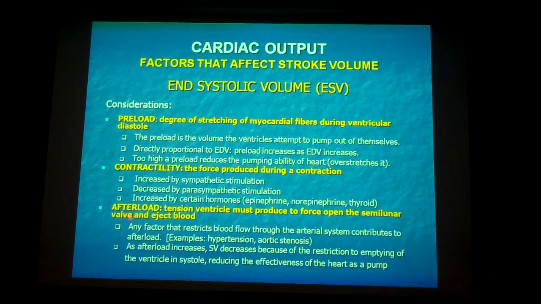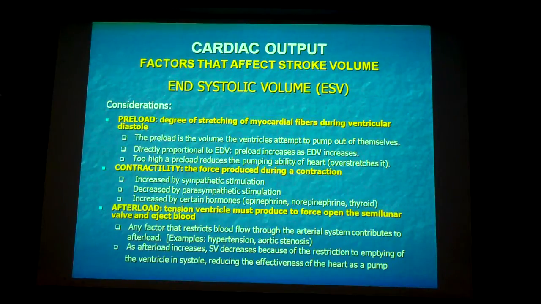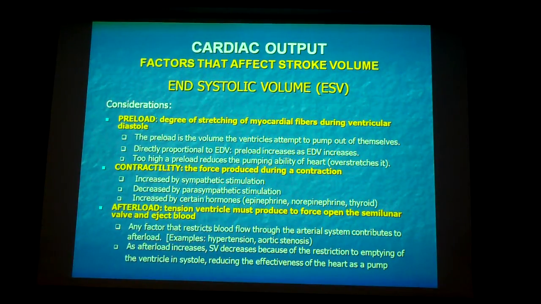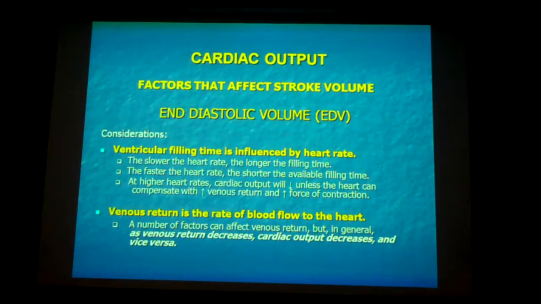All right, then we have something called afterload. This is basically the tension that the ventricle must produce in order to eject blood. In other words, in order to open that aortic valve and put blood into the aorta, this is the tension that has to be produced. And you saw back on our little chart on our diagram, let's just run back here a minute.